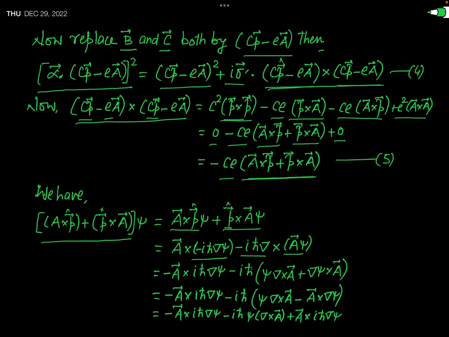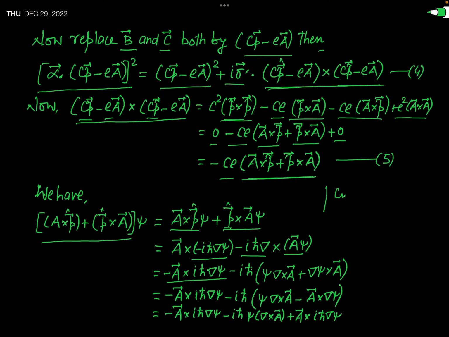Now the first term remains same. You can see this is minus A cross i h bar del psi and minus i h bar, but see here, in fact here there is del cross A psi.